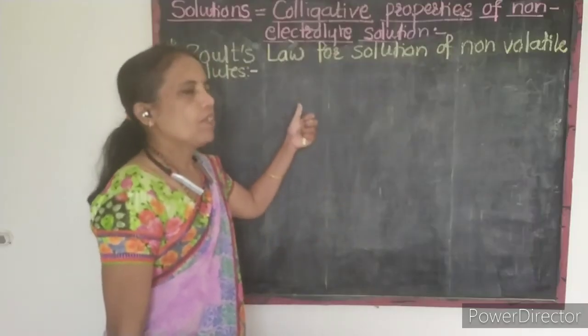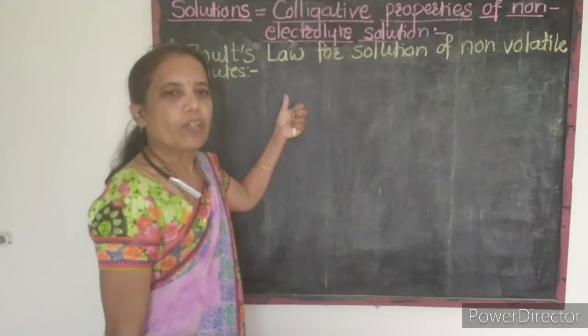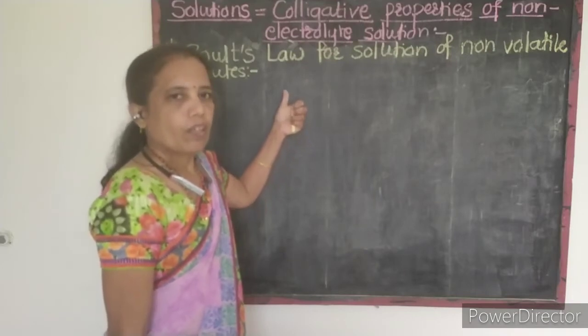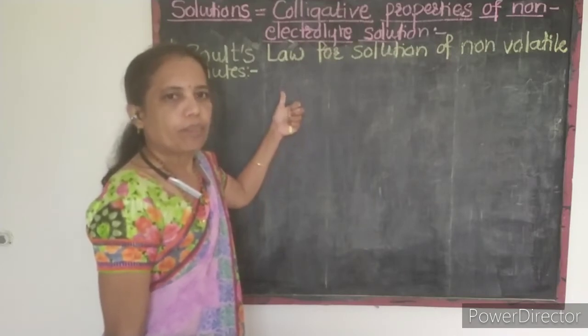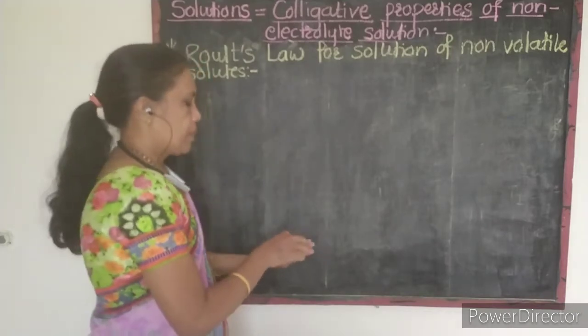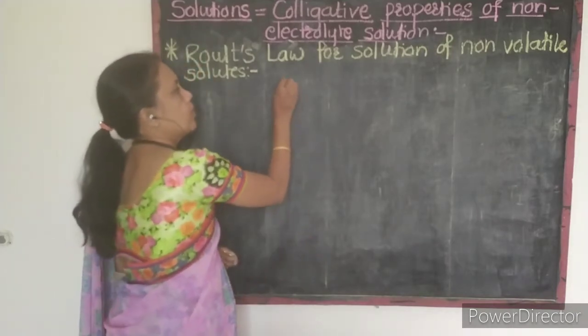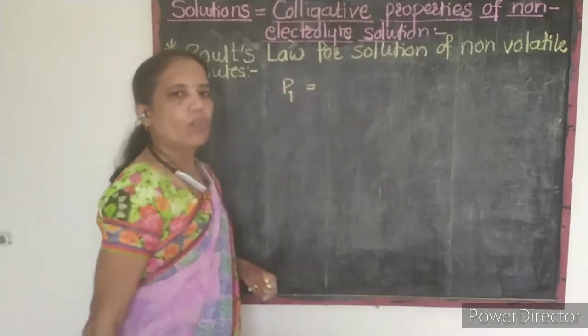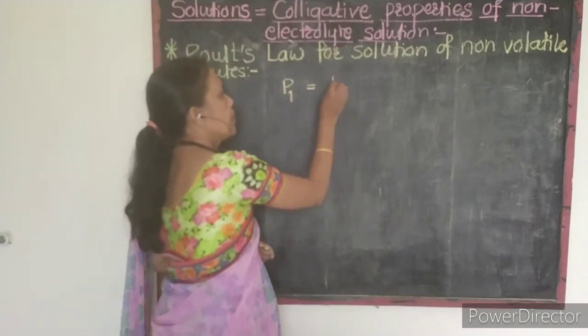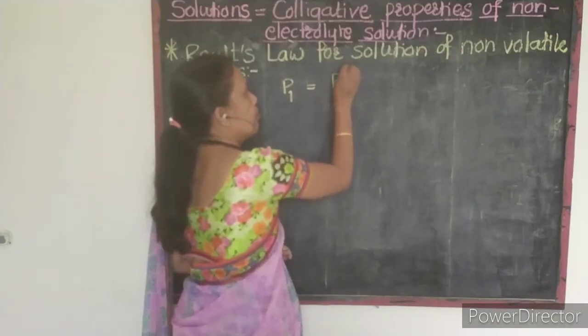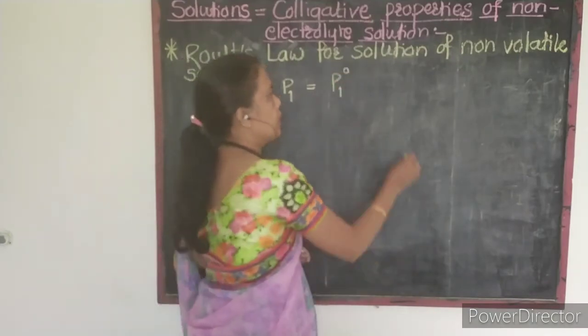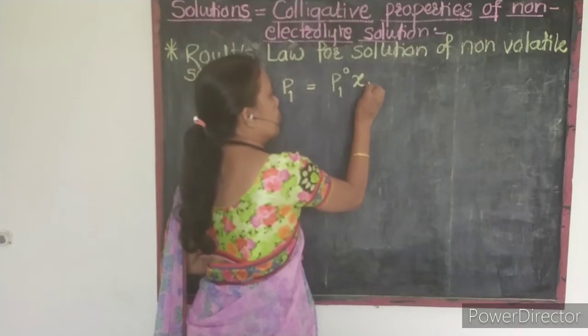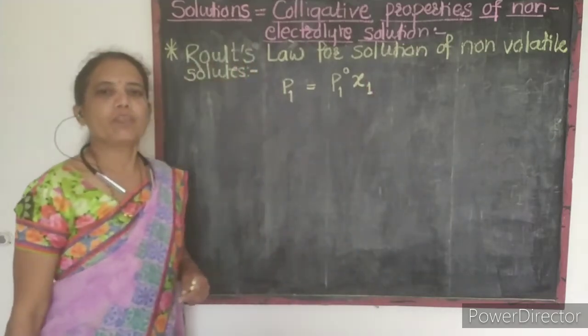Now, once again we come to the point of Raoult's law. According to this law, the vapor pressure of solvent in solution is equal to the vapor pressure of pure solvent into its mole fraction, P1 = P10 x1. X1 is the mole fraction of solvent.